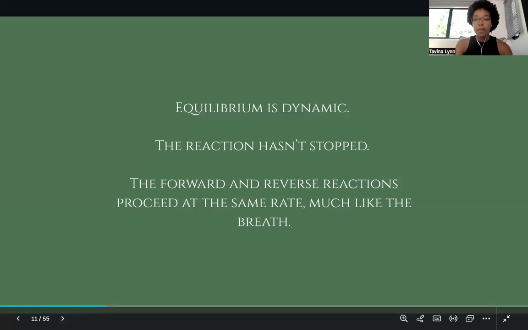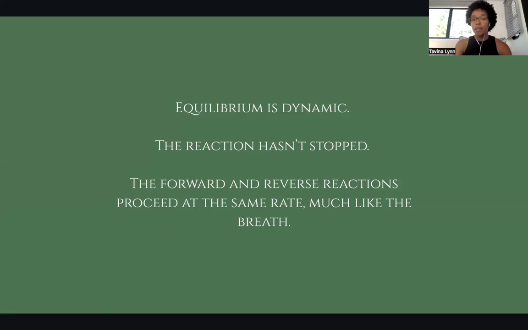So equilibrium is dynamic. The reaction hasn't stopped. It's not like the reaction is now fixed. It's still very much dynamic. It's just that the forward and the reverse reactions are proceeding at the same rate.